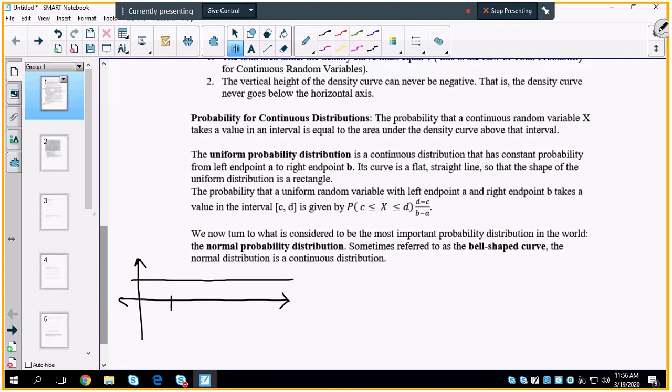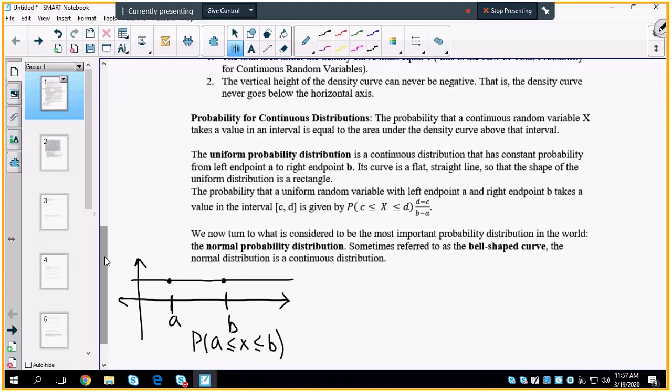If I want to know the probability in between the numbers a and b, I say the probability that a is less than or equal to X less than or equal to b is equal to the length of the line of the uniform probability distribution from a to b, over the total length of the distribution.